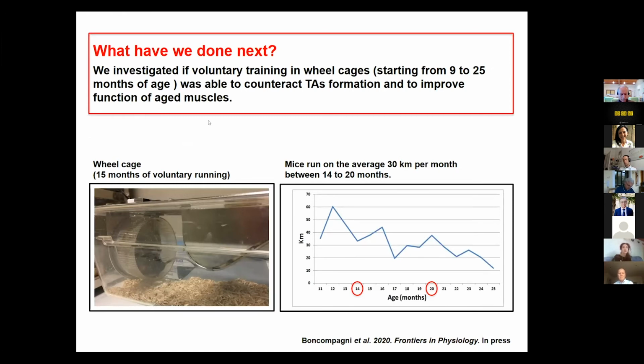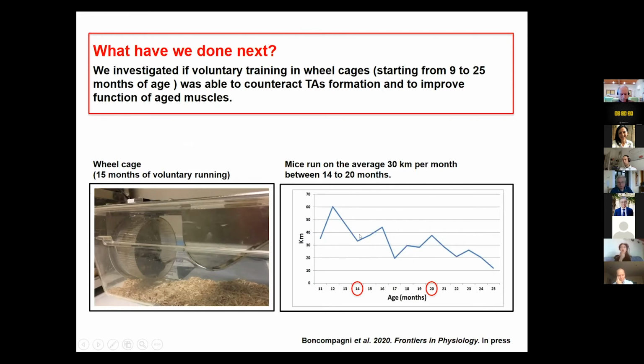Mice were kept, as you see here, in wheel cages for 15 months in a setup in which mice can run voluntarily, mostly at night. And as you see in the graph on the right, mice ran on average 30 kilometers per month between 14 and 25 months of age.